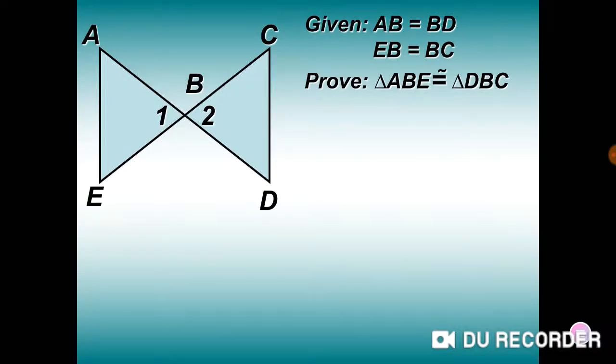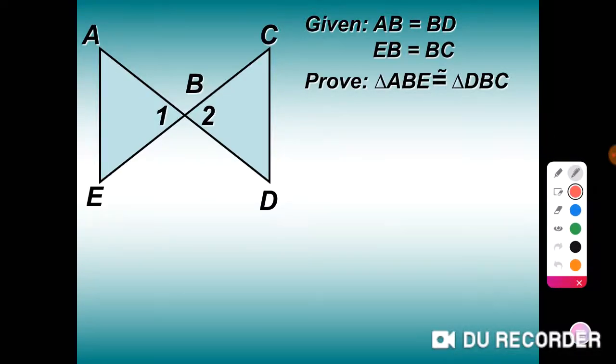Okay, so let's go and solve this one. The figure is given, and the required is to prove that the 2 triangles are congruent. You need to read the given information carefully. You need to list them on the graph. So let's do that. The given information, AB is congruent to BD.